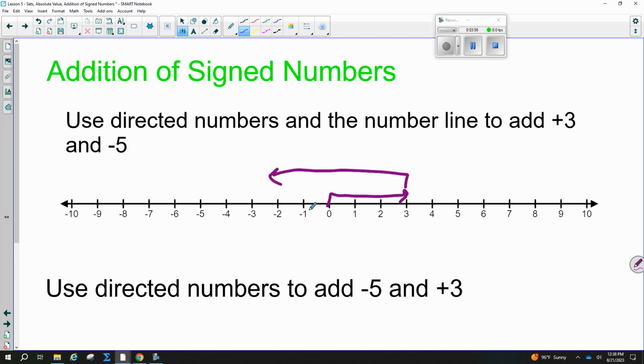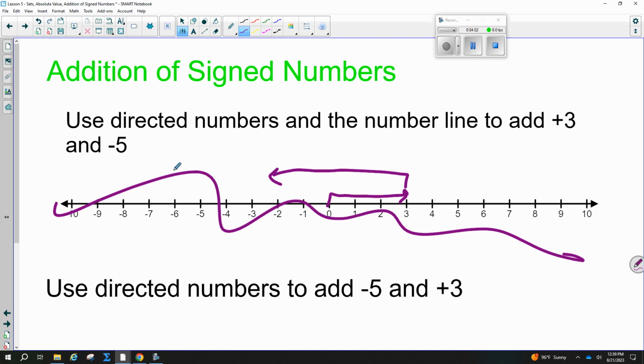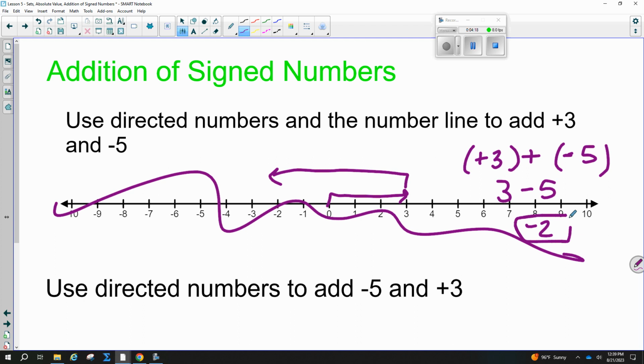And you get -2. But I find it, just do not ignore the directions, okay? And all I want you to do is be like, all right, what is +3 plus -5? All right? Now, +3 is just 3, plus a negative is just -5. And then you're like, that's -2. That's the work I would like to see, okay? So don't do the number line.